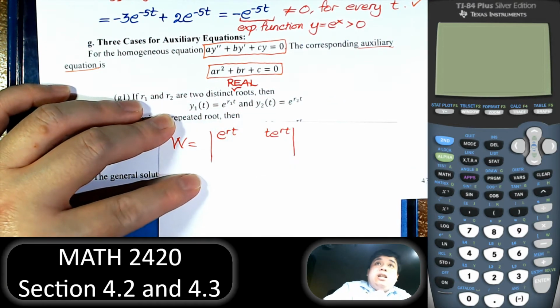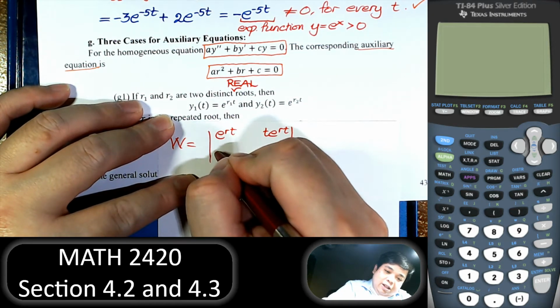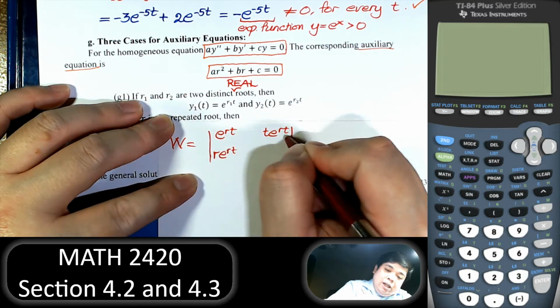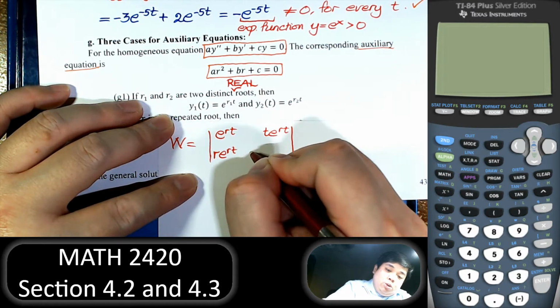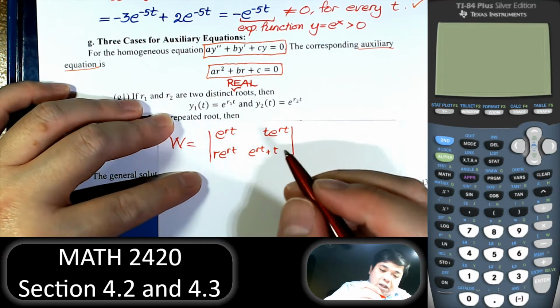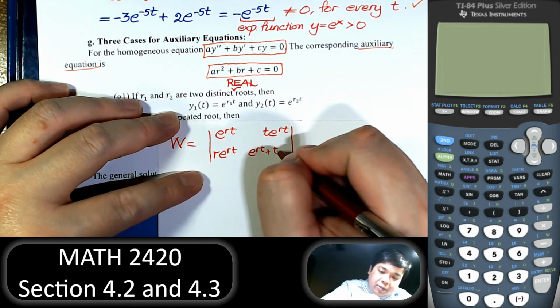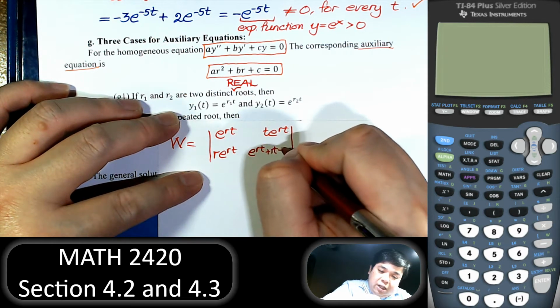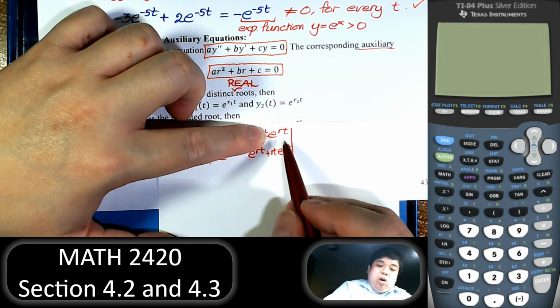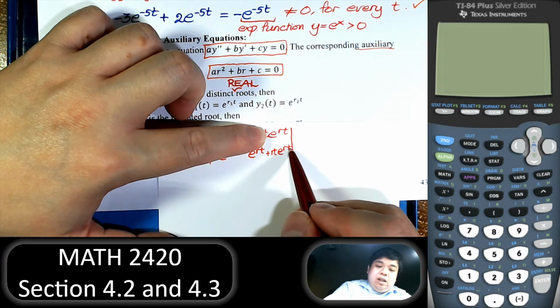Right, take derivative of e to the rt. Derivative of this is e to the rt. The derivative of the second term is, by the product rule, e to the rt plus t r e to the rt.